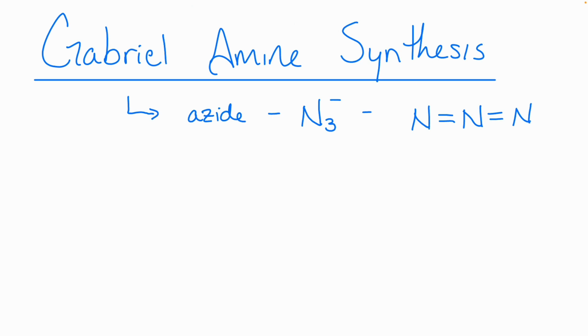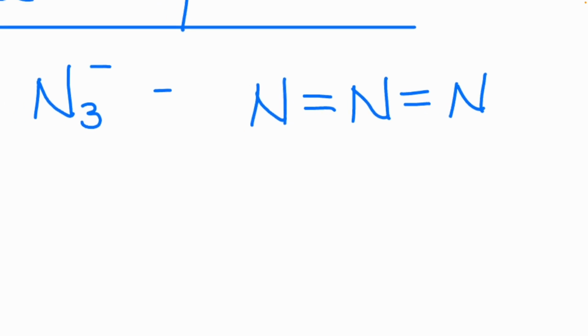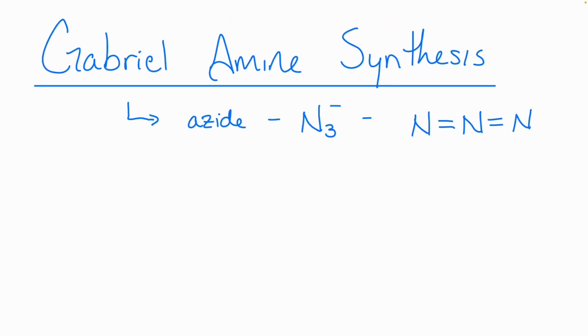All right, we got these nitrogens all lined up in a row, all double bonded to one another. I want you to take a second and take this azide ion here and fill in any missing lone pairs and formal charges.